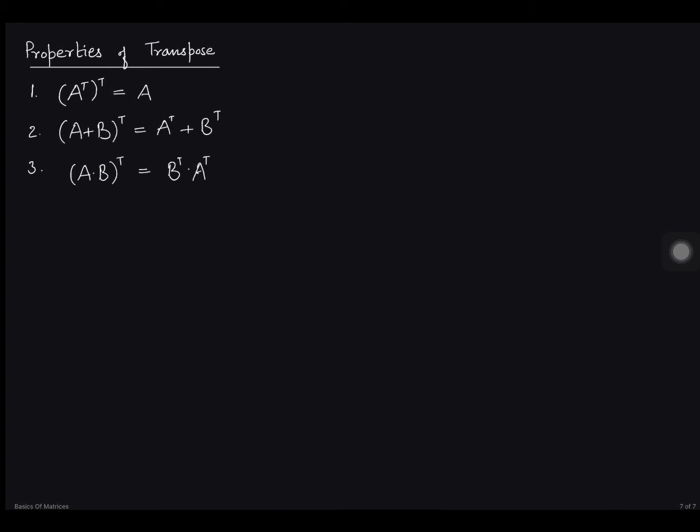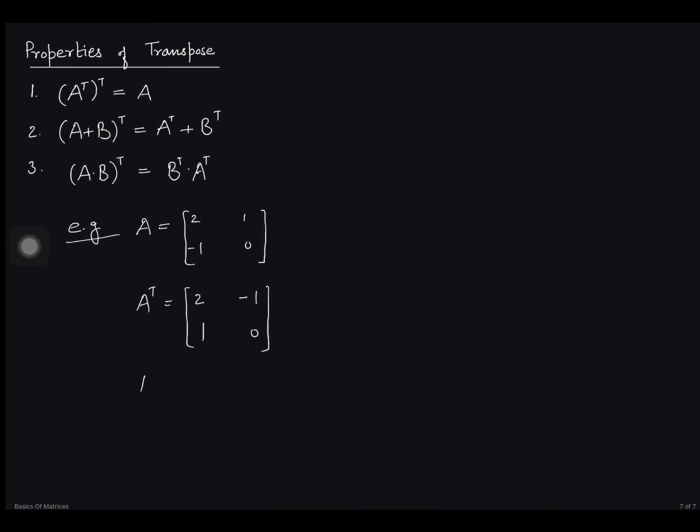Let me do one; you can check the other ones. For example, if you have matrix A, find its transpose. First row will become first column, second row will become second column.